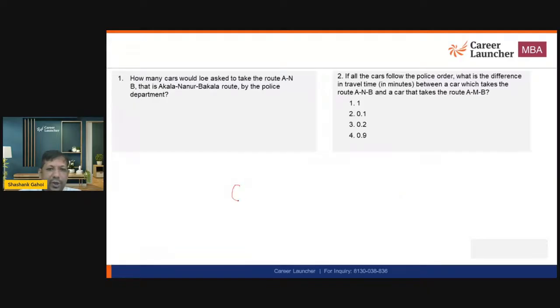So basically we have A and we have B. You are supposed to travel from A to B, either via M or via N. These are the 2 paths you are supposed to take.